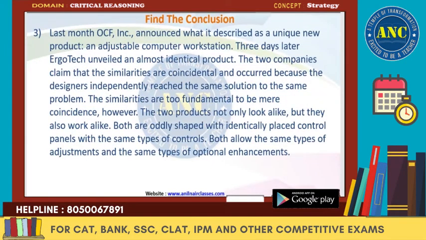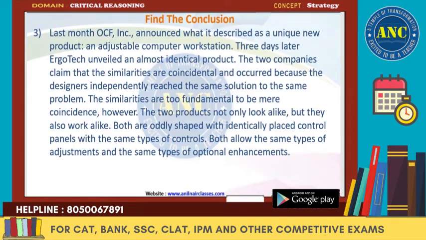The next one. Last month, OCF Inc. announced what it described as a unique new product, an adjustable computer workstation. 3 days later, Ergotech unveiled an almost identical product. The two companies claim that the similarities are coincidental and occurred because the designers independently reached the same solution to the same problem.